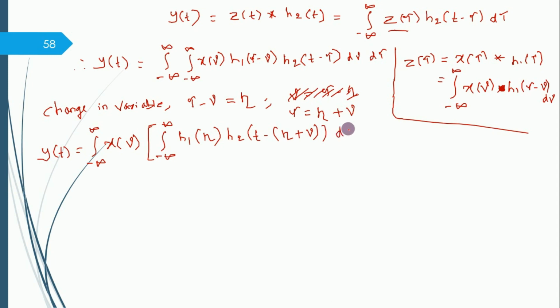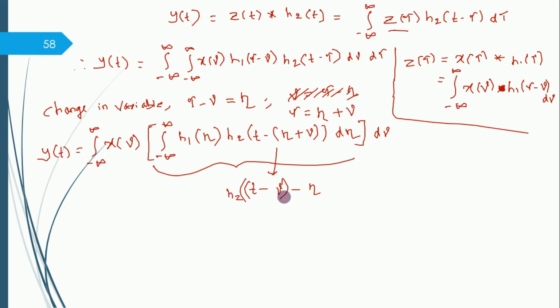So I get d eta, because the variable changed, and last is dv, which is taken outside. For this inner integration, you concentrate here: h1 of eta, h2 of t minus tau can be written as t minus v minus eta.